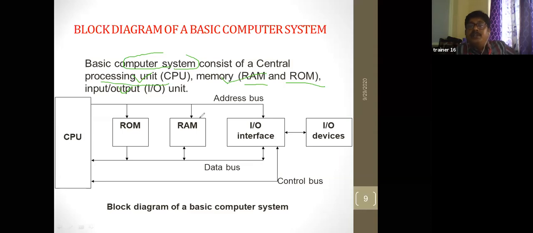The higher authorities have informed us to look into and monitor this. Again I'm repeating, those who are eligible, that is above 60%, no backlogs, and even one backlog is also eligible for TCS registration.